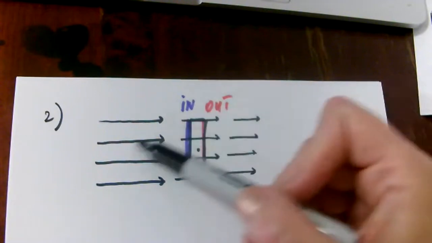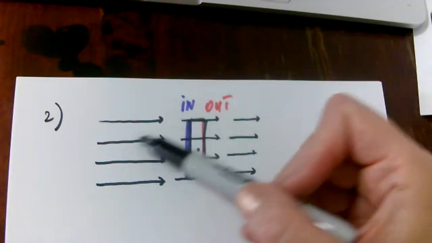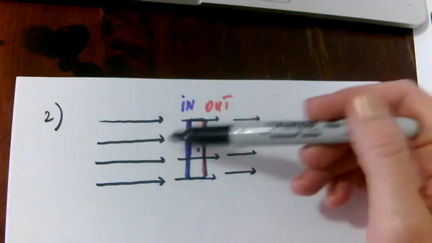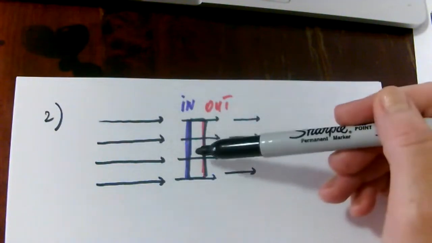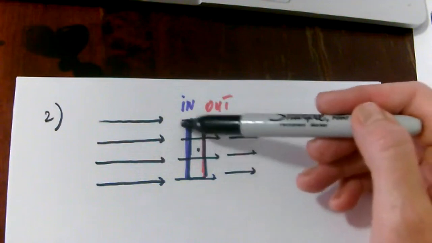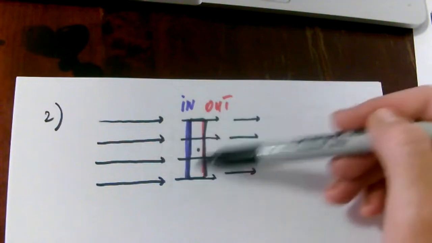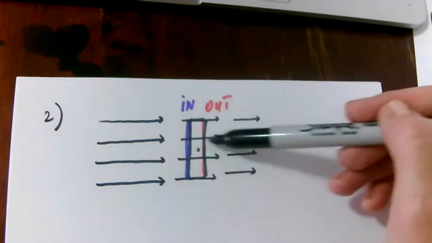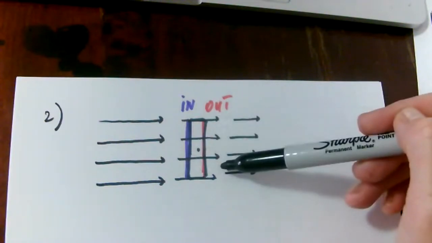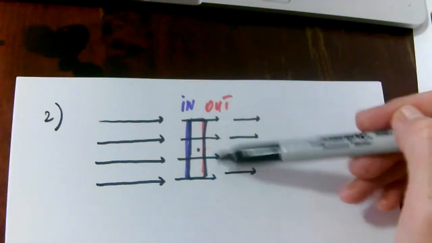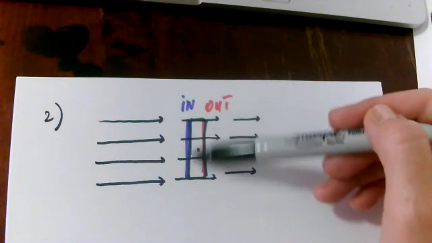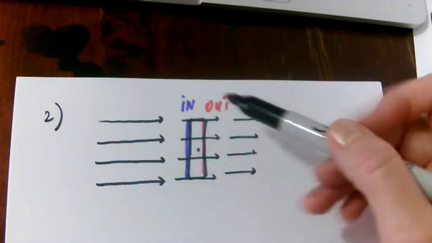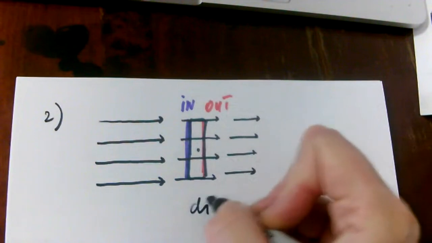They are equal. But as for vectors, you immediately realize these vectors which are entering the box from this side are much longer than these ones. So as a result, the amount of water entering this box is bigger than the amount of water leaving this box. How can this happen? It can happen if there is a sink here. Some amount of water should disappear inside this box. It means that divergence is negative.